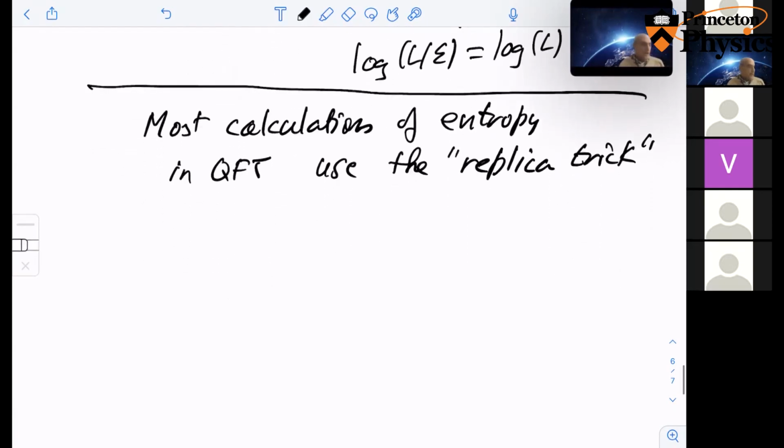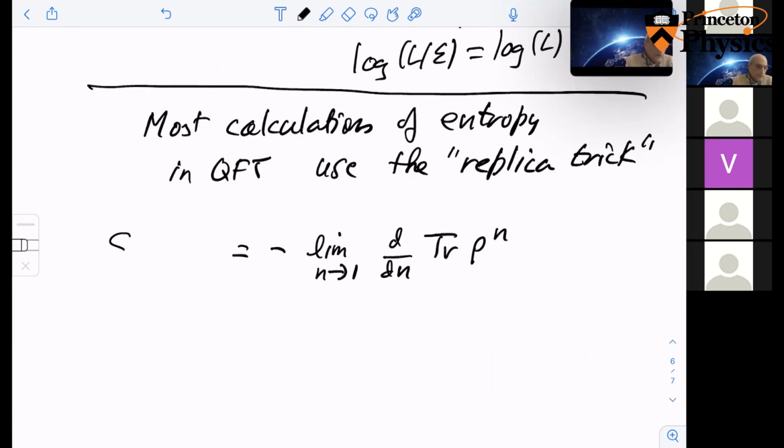So what is the replica trick? Well, the replica trick is simply the following formula: you look at the trace of rho to the n, and you differentiate it with respect to n, and take the limit as n goes to 1. And that is equal to S of rho.